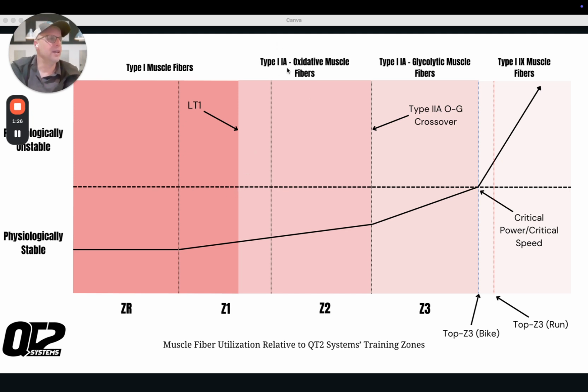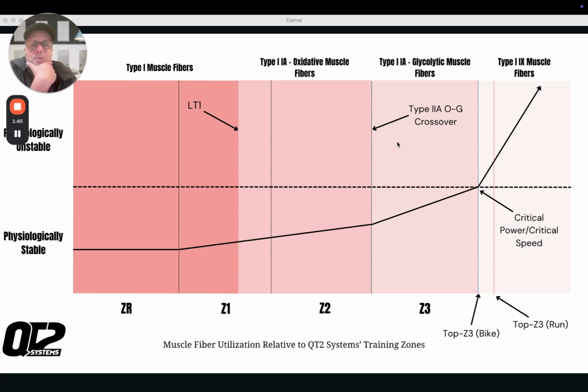We have our type 2A. These are our slow twitch, very aerobic muscle fibers. Then we have our type 2 muscle fibers, which are broken out into two subsections. These are our faster twitch fibers.